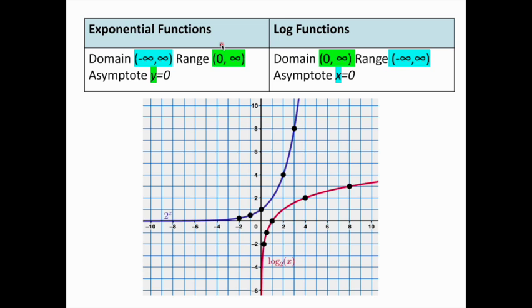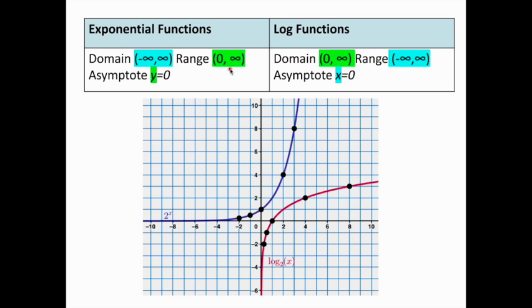So looking at the graph of 2 to the x, we said that the domain would have to be negative infinity to infinity because that's the range of the log function. So if I scan this graph left to right to find all the x values, it's going to be negative infinity to positive infinity. And although this comes out slowly, it is going to keep going out horizontally forever.